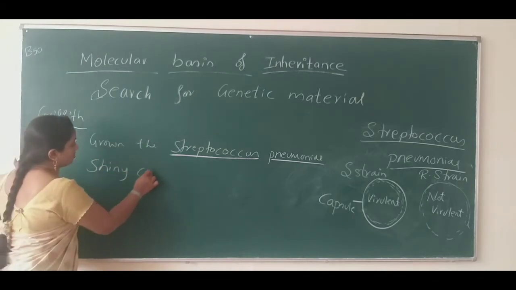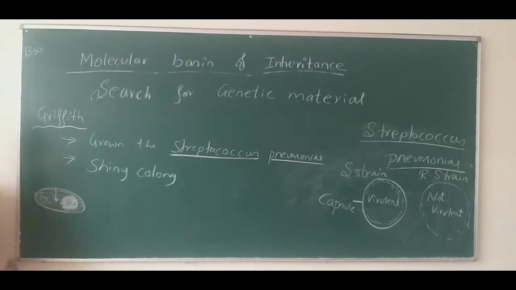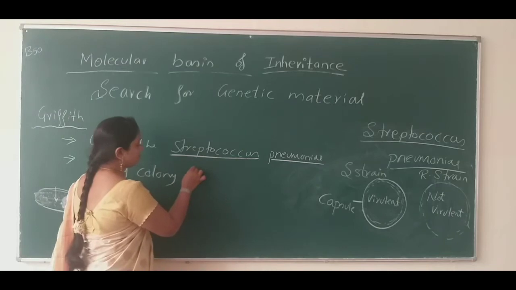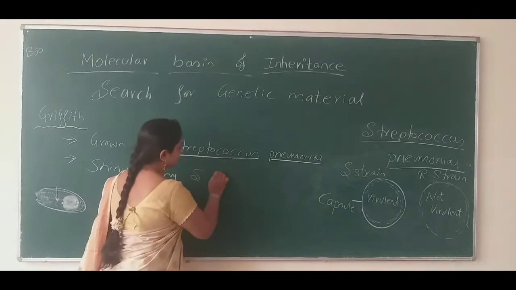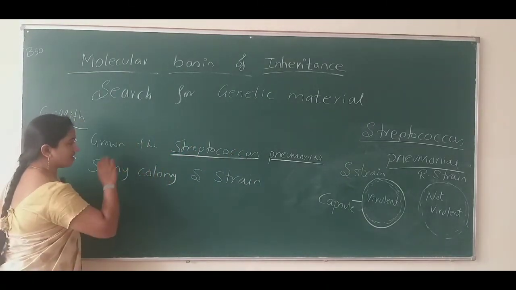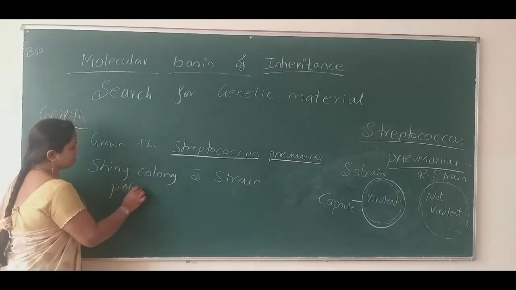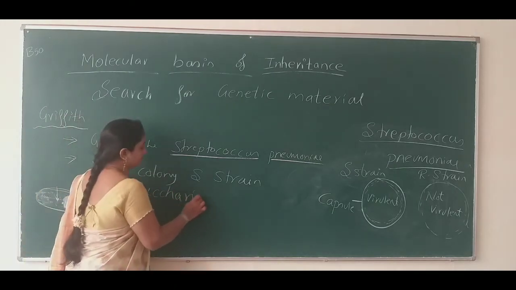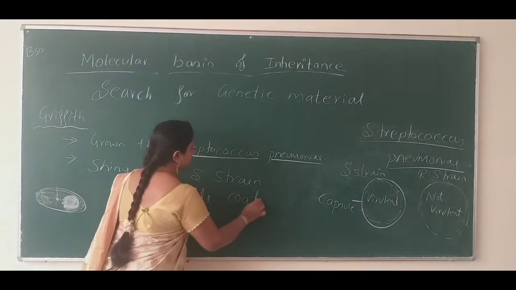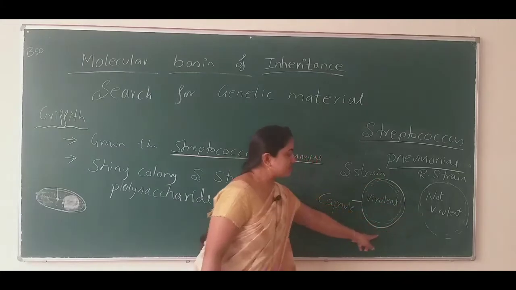Colony means a number of bacteria together. These shiny colonies were nothing but S strain bacteria, whose covering was a polysaccharide coat, a mucus known as the polysaccharide coat.